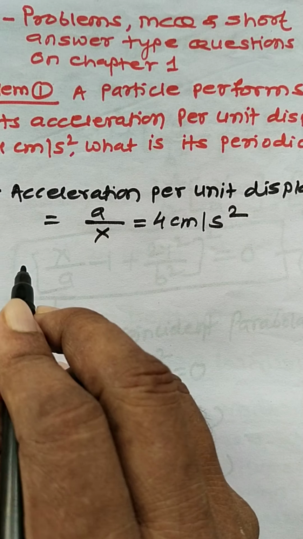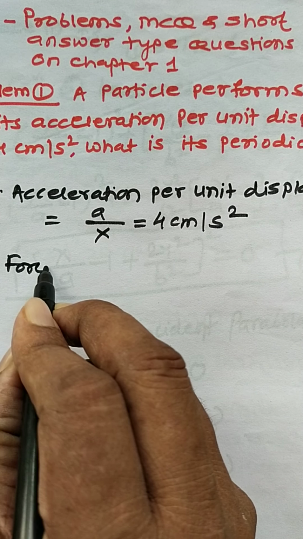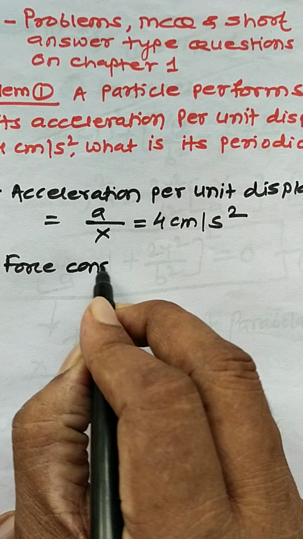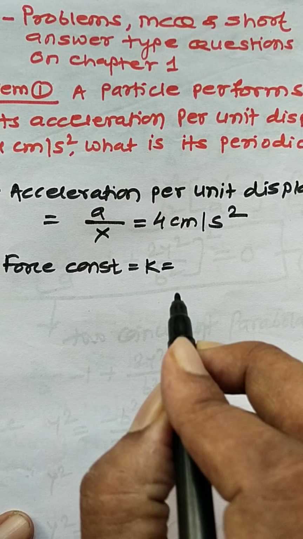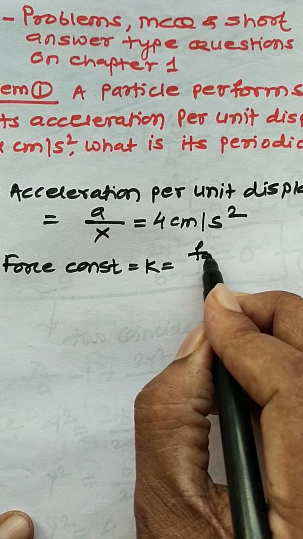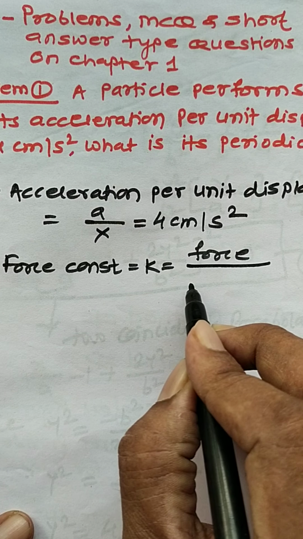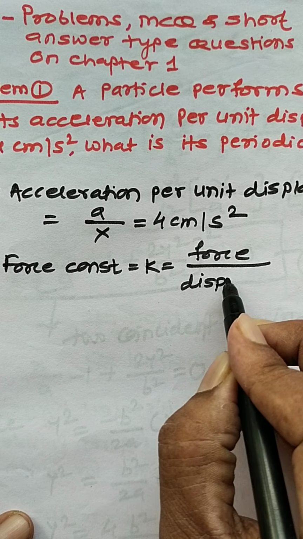And here the force constant, denoted by K, is equal to force divided by displacement.